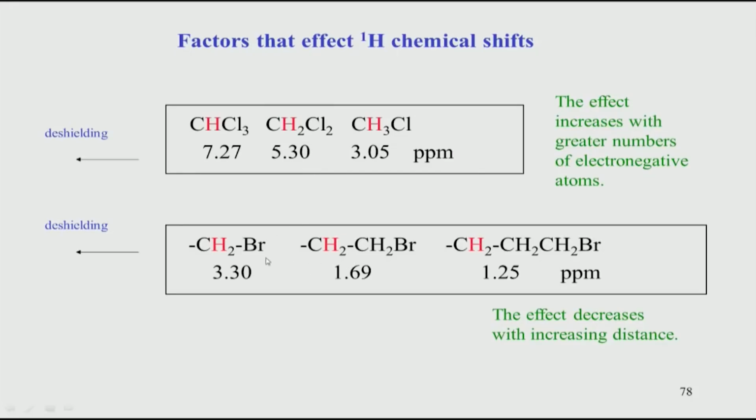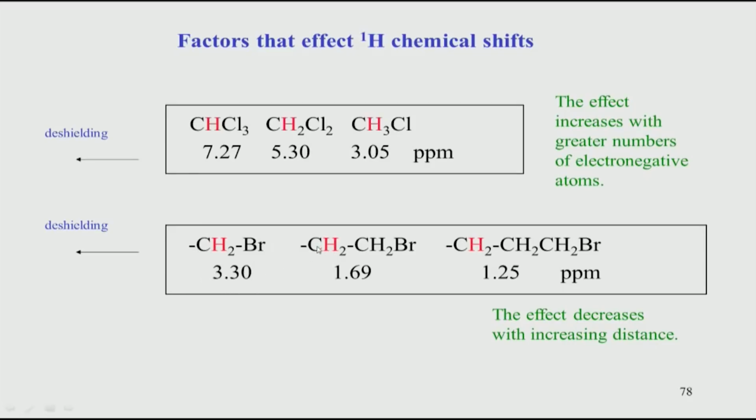Now, we can look at another molecule where we insert a CH2 between the hydrogen and the electronegative atom. If you see here, there are 2 CH2s and bromine is located far away. Keep in mind, we are looking at the hydrogen atom shown in red color. There is one bromine directly attached to this carbon, and that is the electronegative effect we saw in the previous slides.